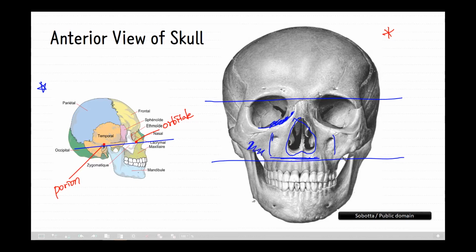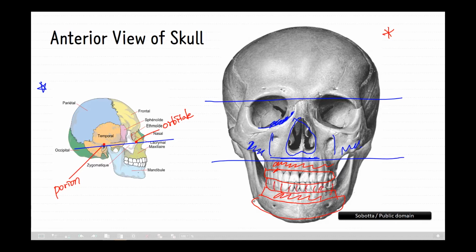The lower part of the face below the nose is formed from the alveolar arch of the maxilla, and upper dentition, and the body of the mandible, alveolar process of the mandible, and lower dentition.